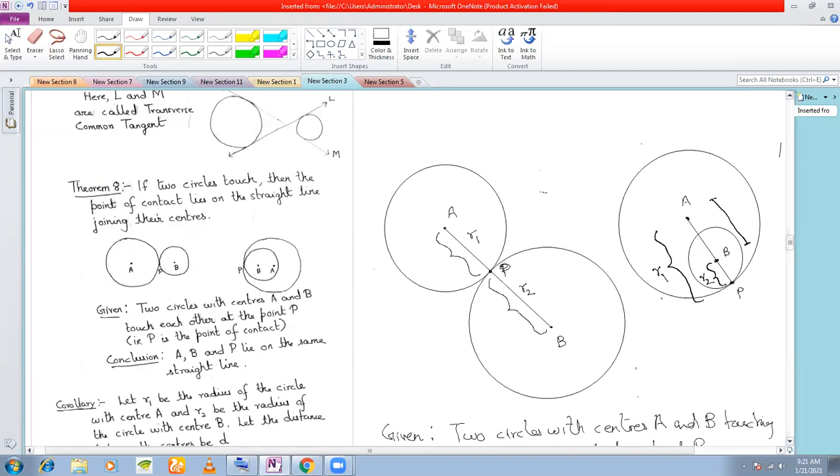In this case, I can say distance between the centers AB is equal to R1 minus R2 or R2 minus R1. If you take R2 as the bigger radius, you can make it R2 minus R1 also. From this diagram, I can say it is R1 minus R2.